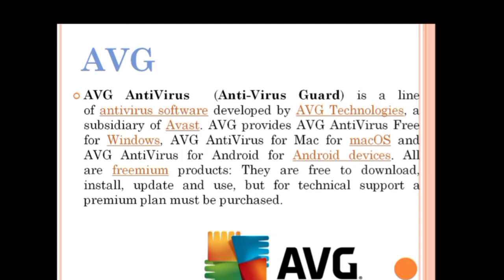All are freemium products, meaning AVG provides its services free of cost for Windows, Mac OS, and Android devices. They are free to download, install, update and use. But for technical support, a premium plan must be purchased. So here you have seen the symbol of AVG antivirus.